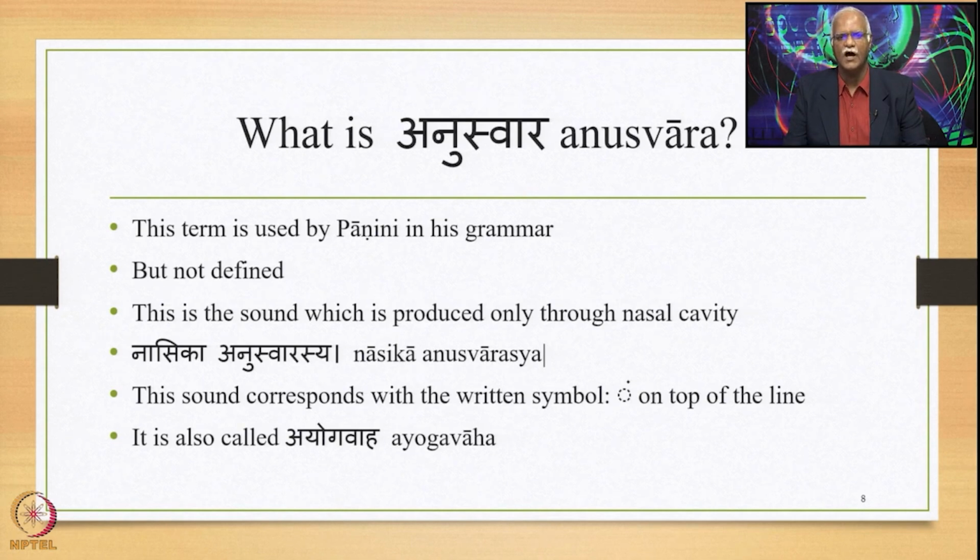We have already studied ayogavaha before. Ayogavaha stands for the sounds which are always pronounced together with a. A stands for a vowel. So, those sounds which do not have an independent existence and which are always pronounced together with the vowel, they are called ayogavaha, and anuswara is one such sound.